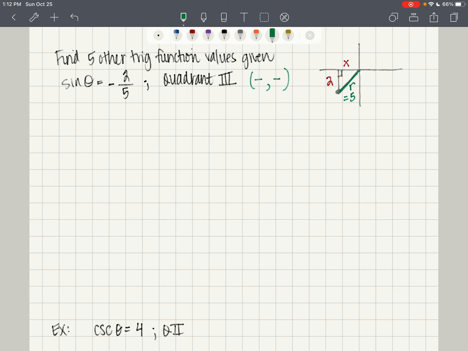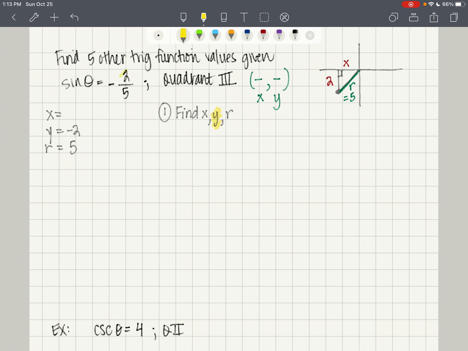So the sine of theta equaling negative 2 over 5, the sine of theta is y over r. This negative is going to move up to the numerator with the 2. And we are going to have y equals -2, r is equal to +5, and x is unknown. So we need to first find x, y, and r.